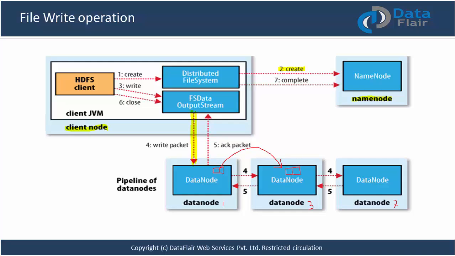As soon as the second data node, that is data node 3, has written the block, it will start writing the block to the third data node, that is data node 7. As soon as the required level of replication is achieved, the acknowledgement will be sent. The acknowledgement will start from data node 7 to 3, 3 to 1, and then the final acknowledgement will go to the client.